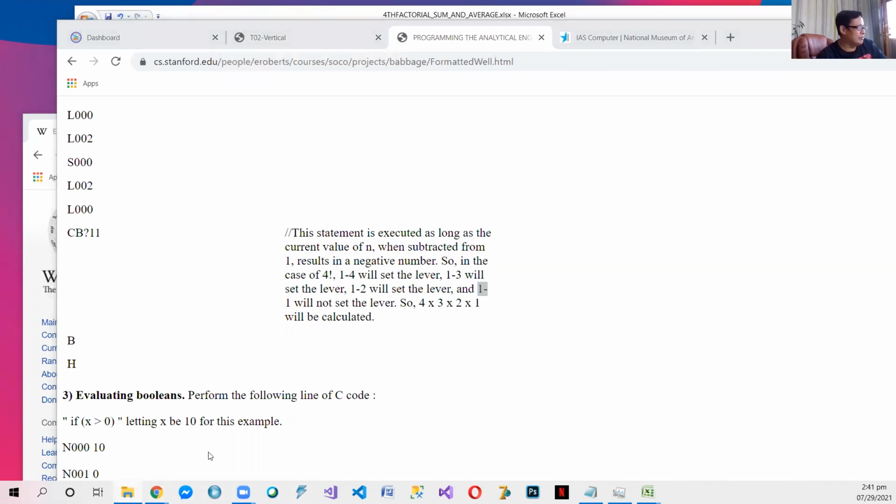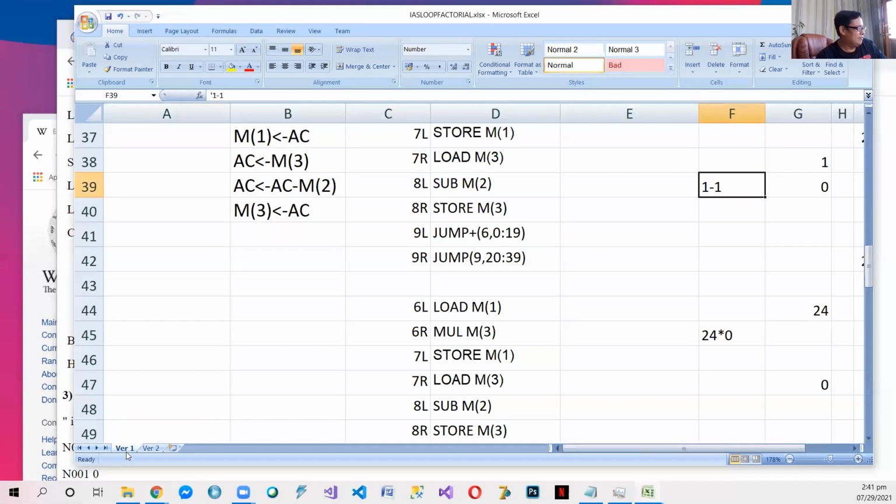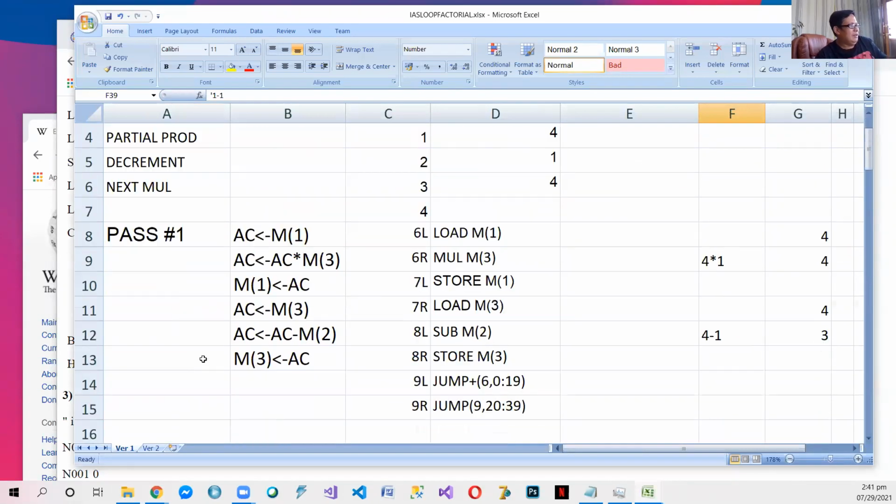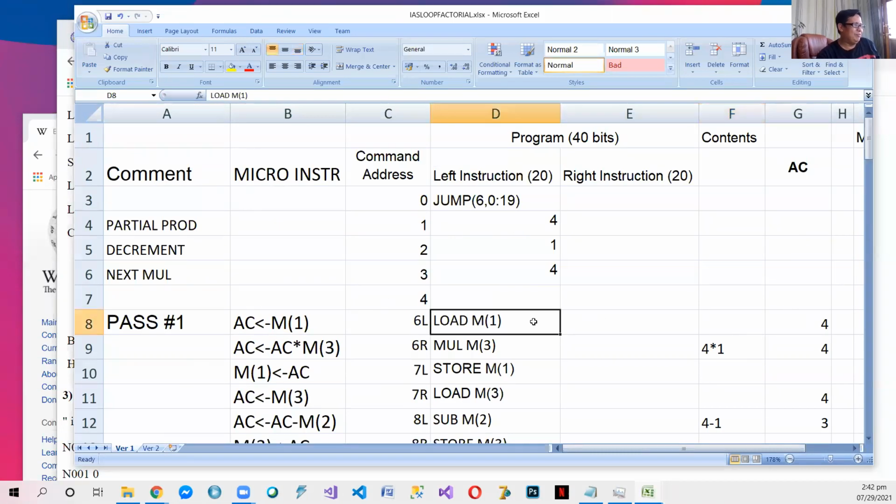Meron pa tayong oras. Let's do this quickly, no? Let me look at the IAS factorial program. Ito, version 1, okay? Okay. So, this is a loop version, but this is still the same thing.